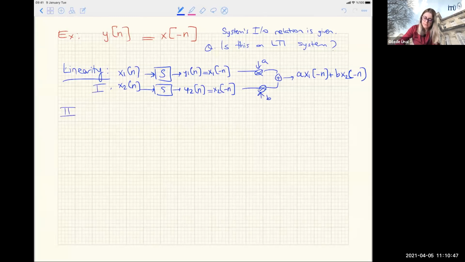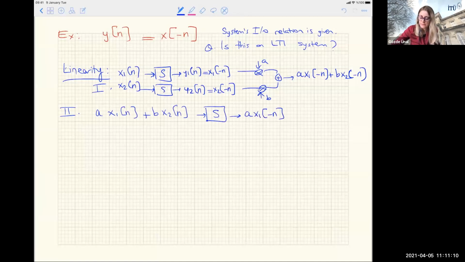In the second one, I'm just skipping the multiplication and addition part and writing the superposed input here, which is fine. It goes through the system S. Now, guys, at the end I just apply my rule, the input-output relation: a x1 of minus n plus b x2 of minus n, right?